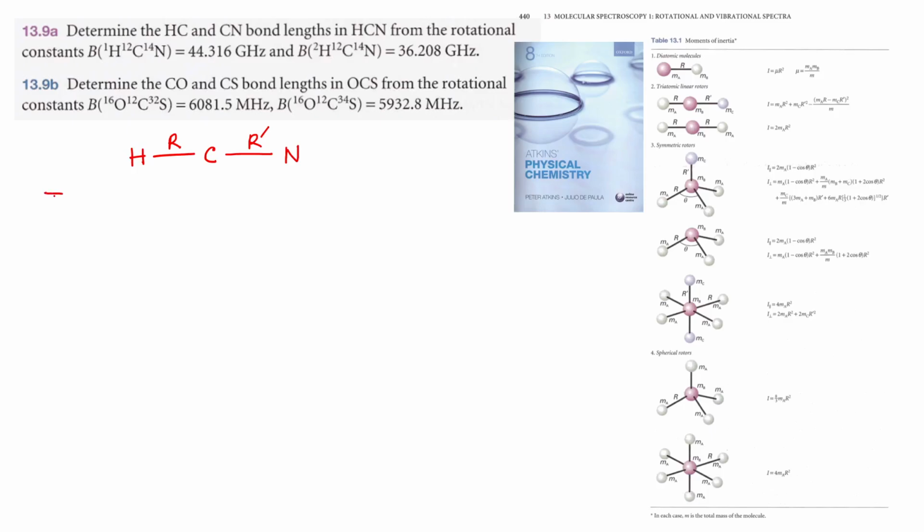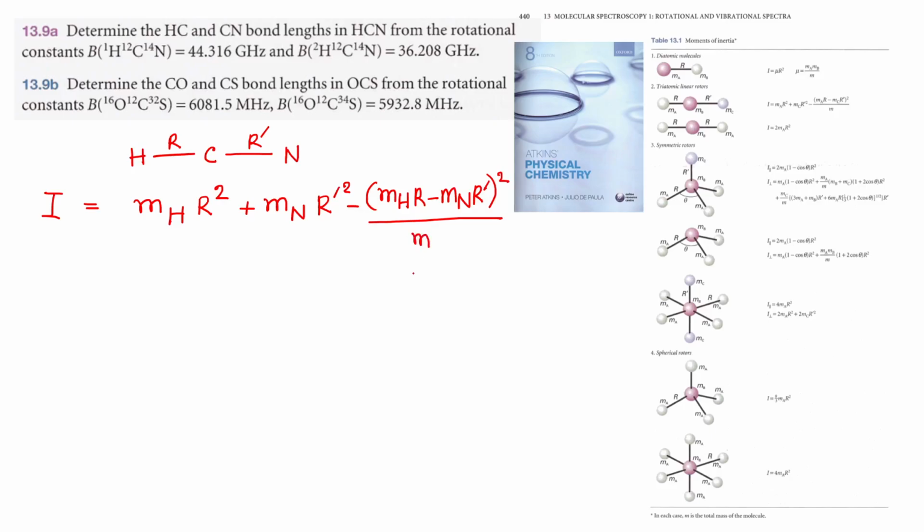So your moment of inertia is given by: taking the first atom, I = mH R square plus mass of nitrogen R dash square minus the square of (mH R minus mN R dash), divided by the total mass.